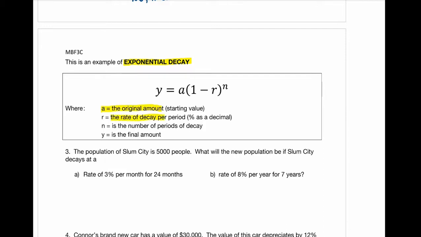R is still the rate of decay, or basically the percentage as a decimal. And n is the number of periods, in this case the number of periods of decay, and y is the final amount. The only key difference here is that I'm subtracting that rate of decay, or that percentage, from 1.